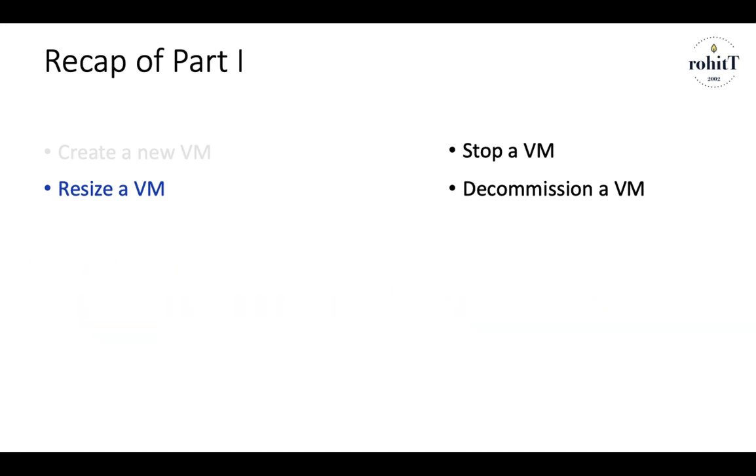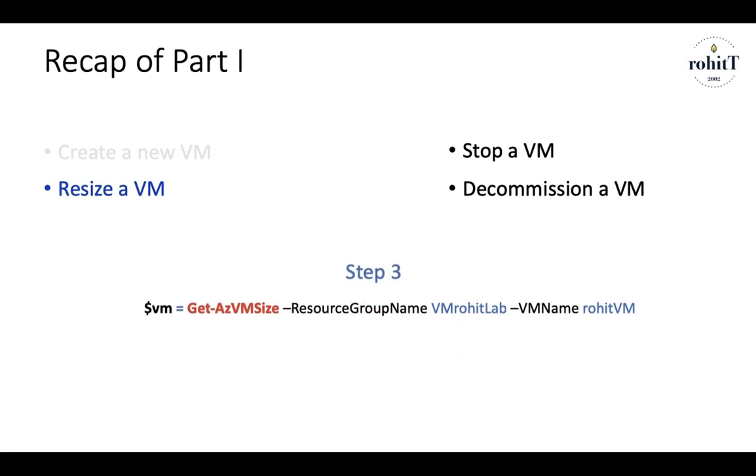And for that, we need to first run this command, which is required to retrieve the current VM information and then store it in a variable called, say, $VM. So in this, we are going to again run the command for this particular resource group, the container, and the VM, the existing VM, which we need to resize.